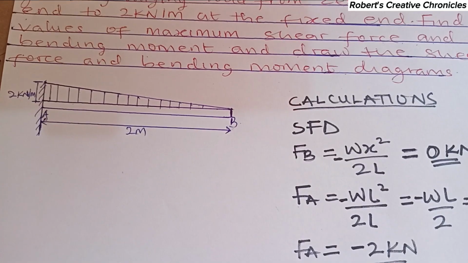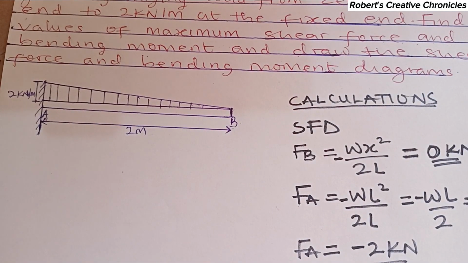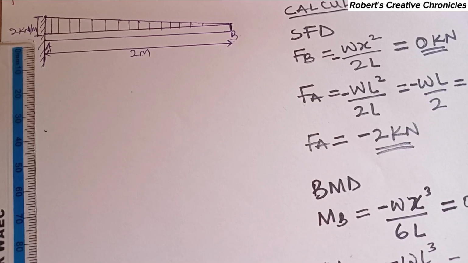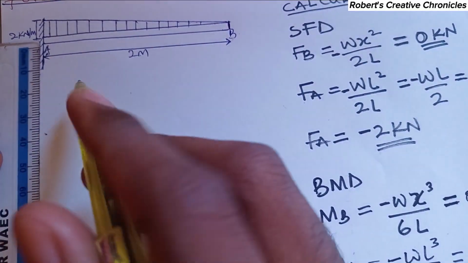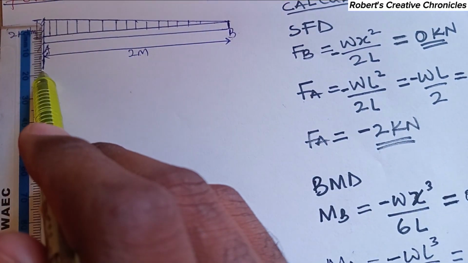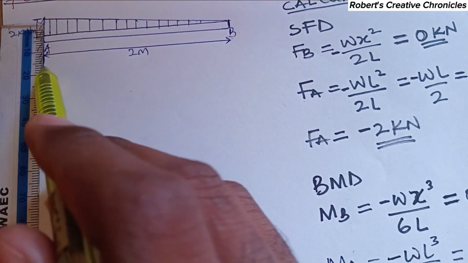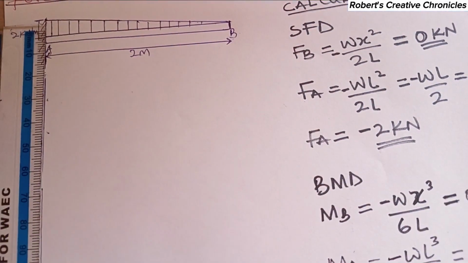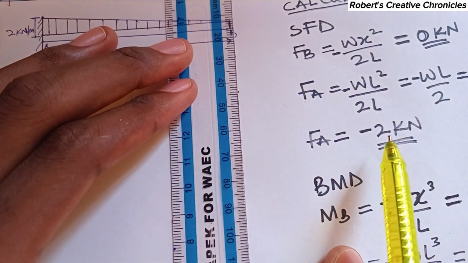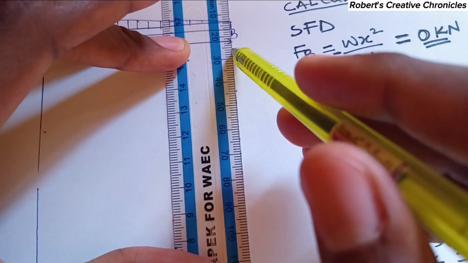So now we can draw the shear force and bending moment diagrams. So to draw the shear force diagram, we will project these points down, and point B down.